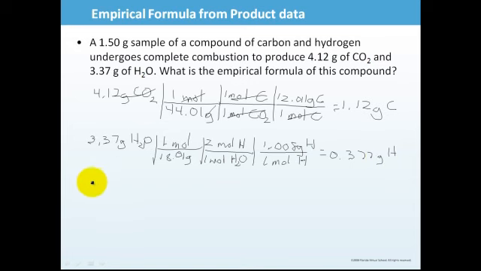Alright, so now we have the grams. Now we just simply need to convert that to moles. Okay, now we're back into just our normal empirical formula problem here. So 1.12 grams of carbon. Right, and we need to convert that to moles, so we're actually kind of backtracking a little bit here. We're going to divide by that molar mass.